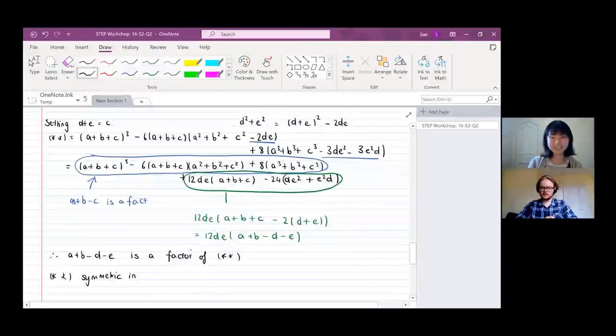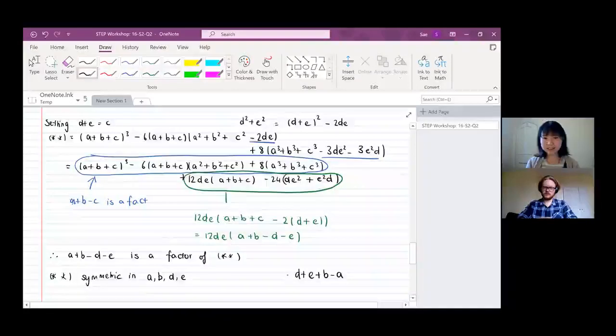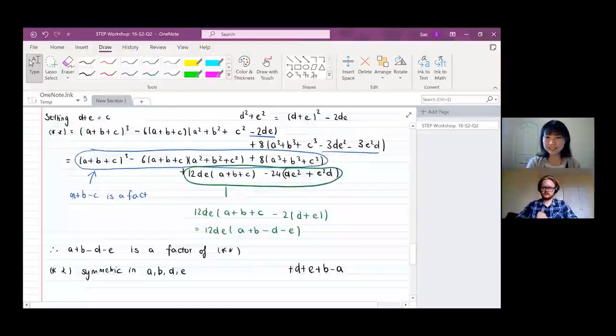Can you see why? So we have a suggestion of d plus e plus b minus a. But then this has 2 plus signs and 1 minus sign, but the other one has 2 plus signs and 2 minus signs, so they look a bit different. So it's close, but not quite.